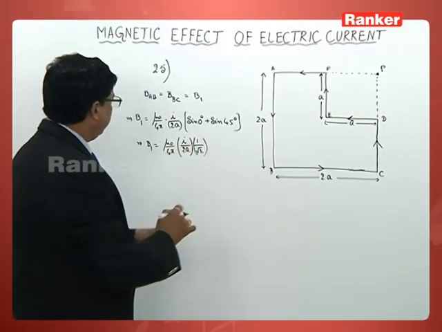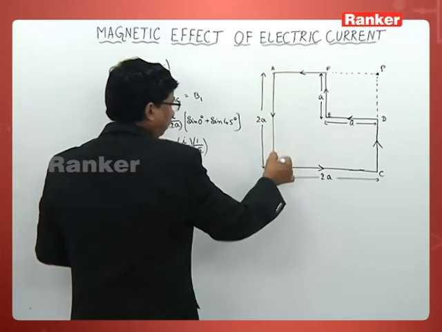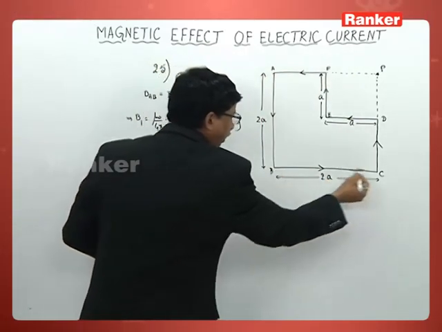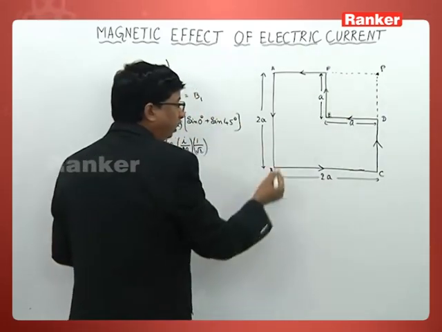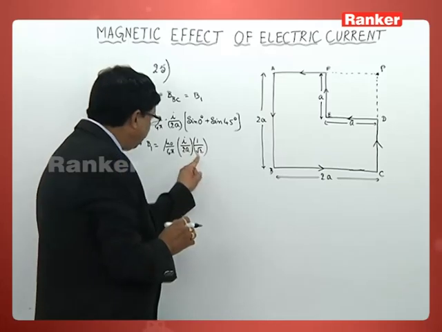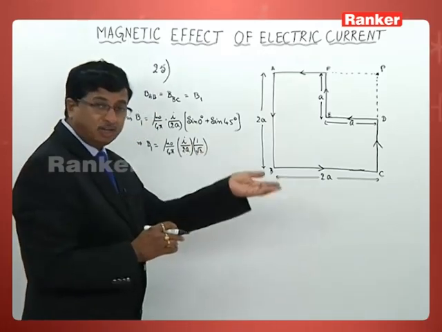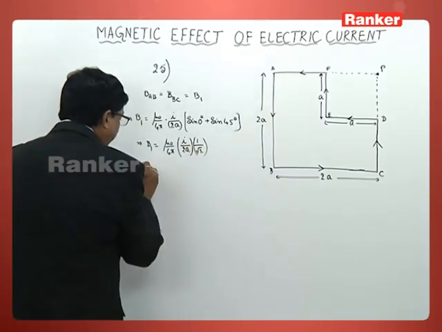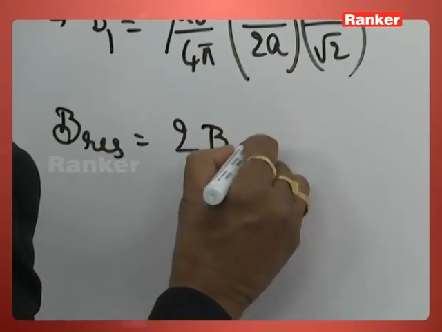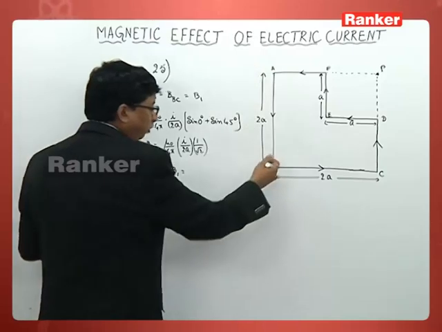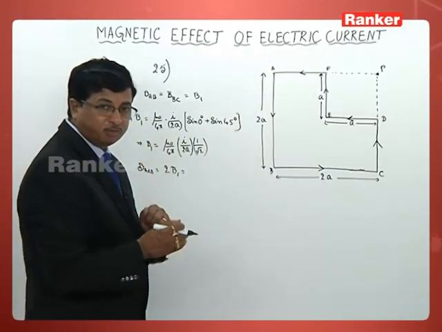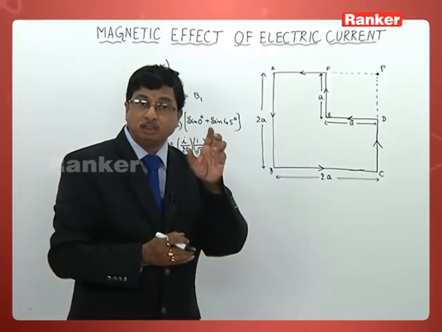But truly speaking, this is producing one magnetic field there, this is producing another magnetic field there. Both the currents are producing two individual values. Both are equal. But what will be the resultant? So the resultant magnetic field will become 2B1 here. B1 due to this one and B1 due to this current as well. Both are in the same direction, they are producing the magnetic fields. Therefore, we can add them.